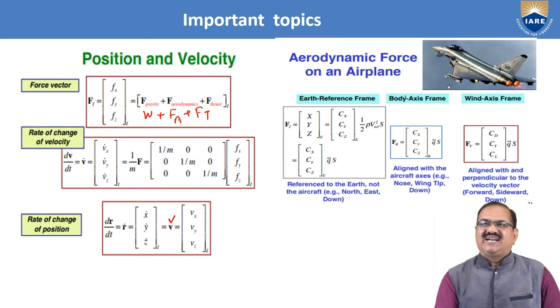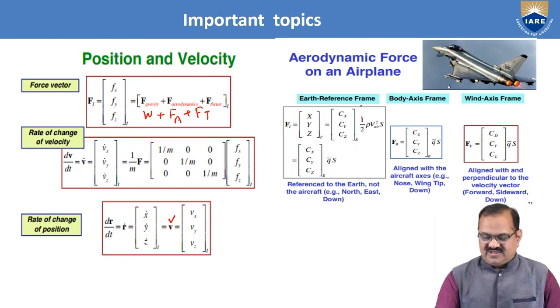So we can see that if here F_E is equal to x, y, z, it is an earth frame. We can write the x axis force as C_x, C_y, C_z in the earth axis system, multiplied by half rho V squared S. If you take half rho V squared out, the force becomes a coefficient of force.